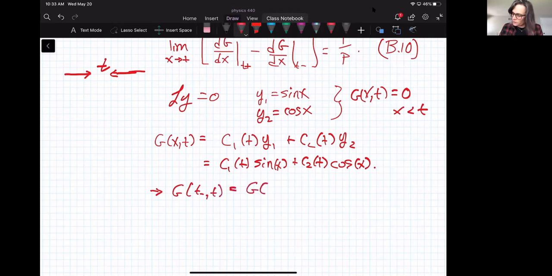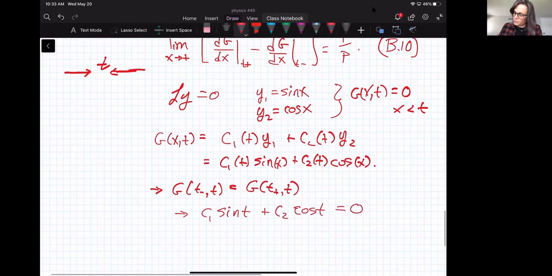If it's continuous, that is, it approaches the same value on the other side, that means that c1 sine of t plus c2 cosine of t is going to be equal to 0.